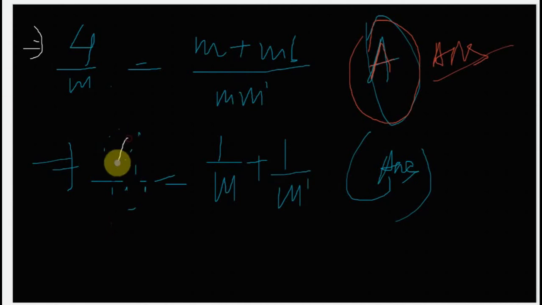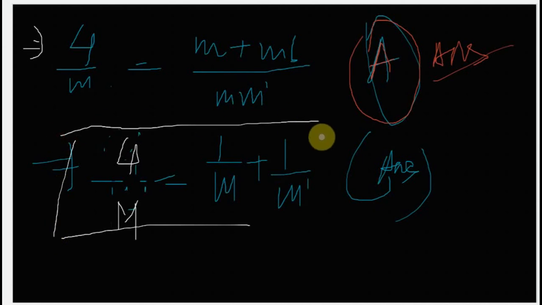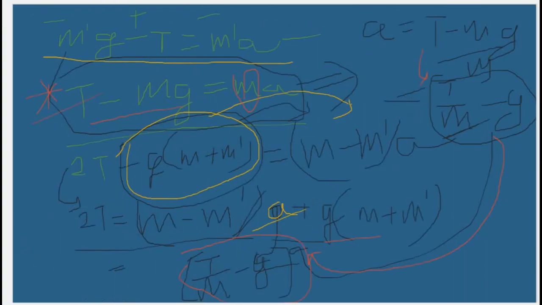So what we do, it is 4 upon capital M is equal to 1 upon small m plus 1 upon small m prime, and this relation we got. Then we have to just check the option.